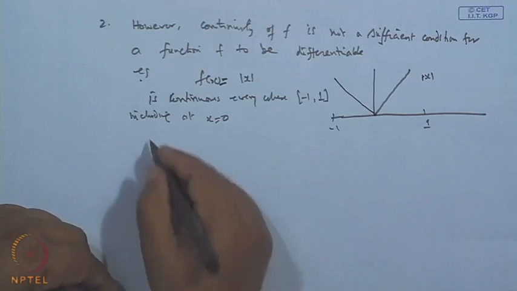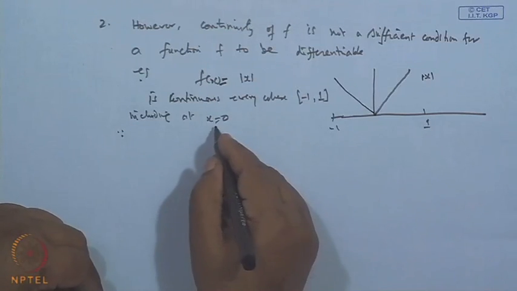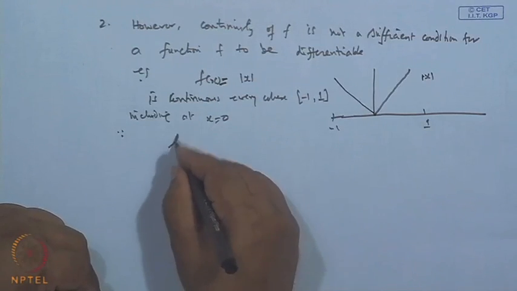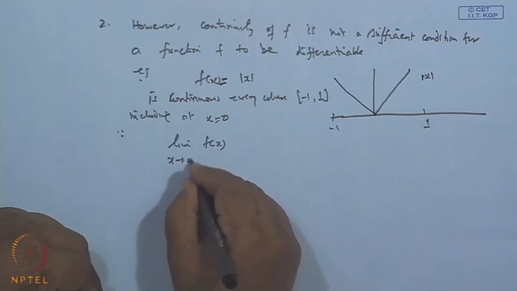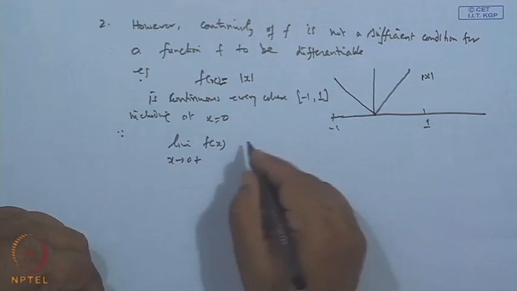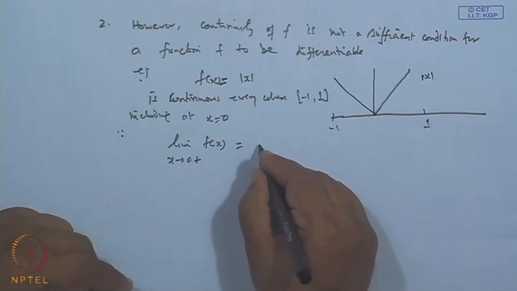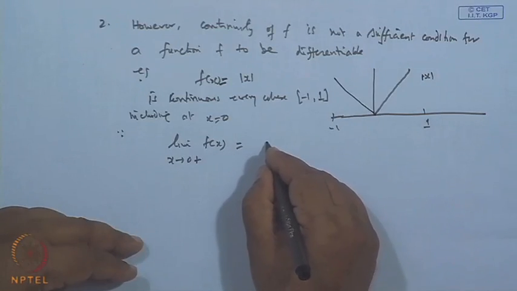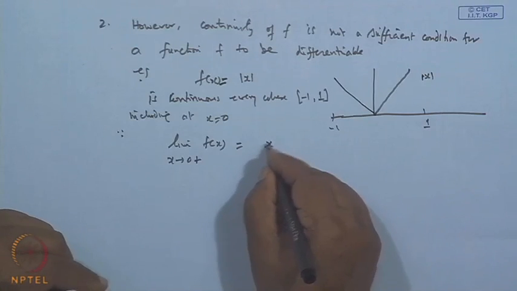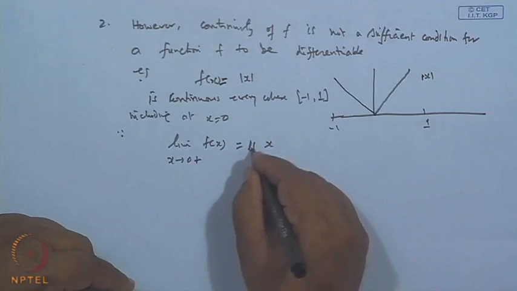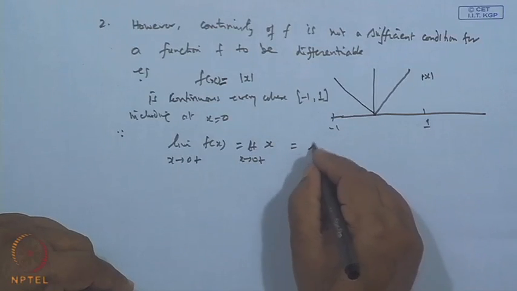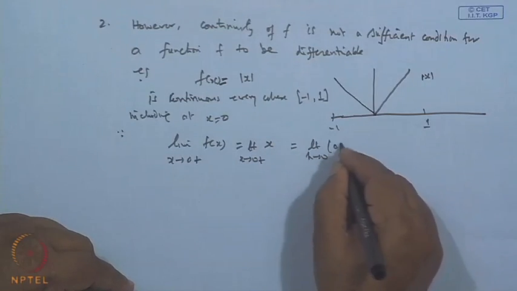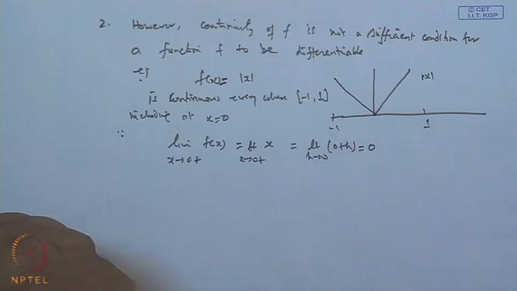The reason is that suppose I want to test at the point 0: what is the limit of the function f x when x approaches 0 from the positive side? Here f x is x, so the limit as x tends to 0 from the positive side is the same as the limit as h tends to 0 of 0 plus h, which is 0.